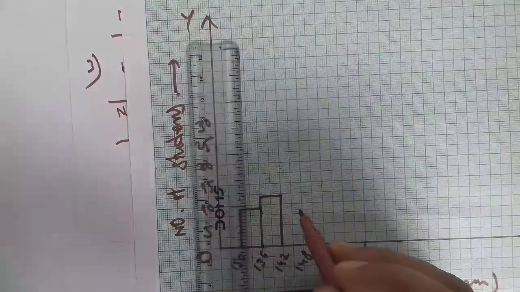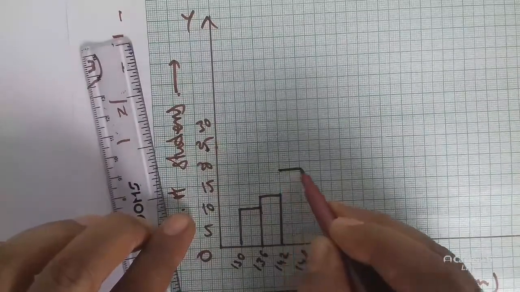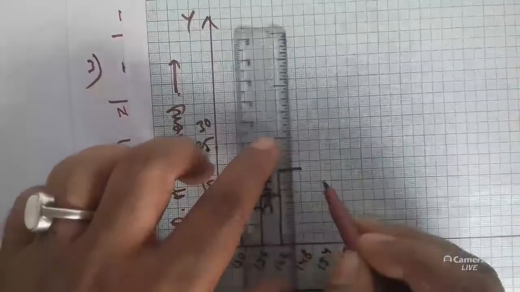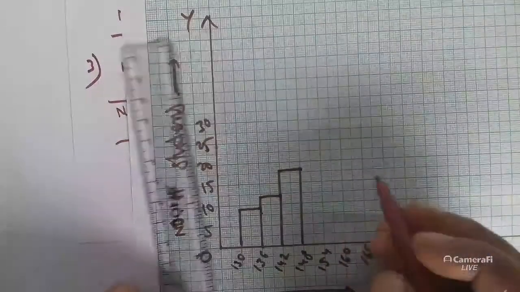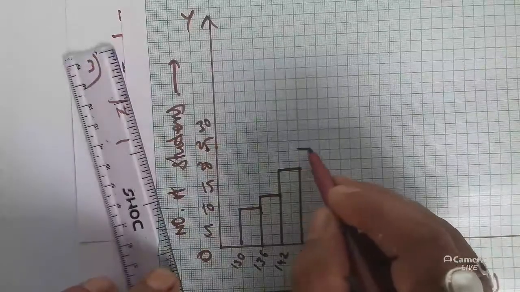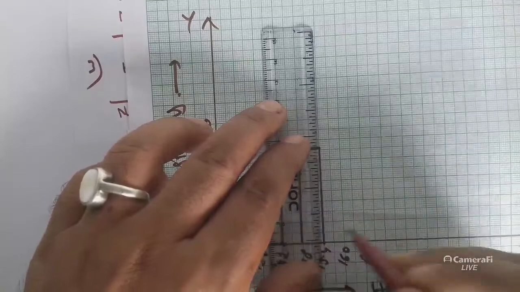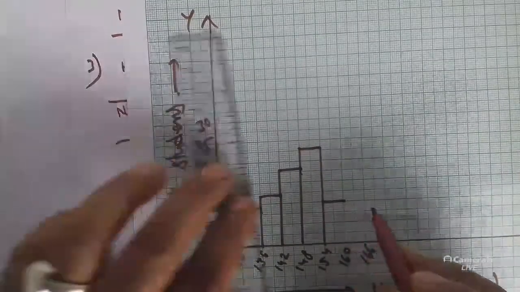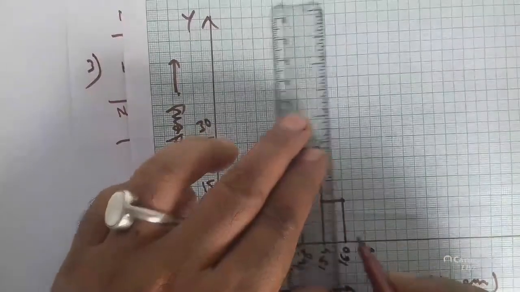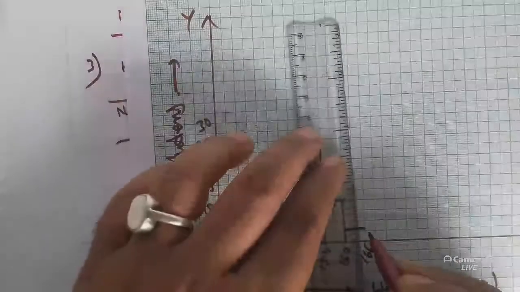Then 18. So this one is 18. Then 23. Then 10. And then 3 only. So here it is 3.